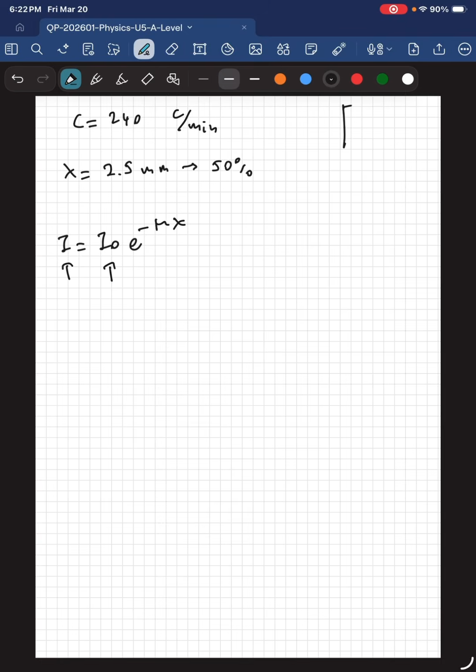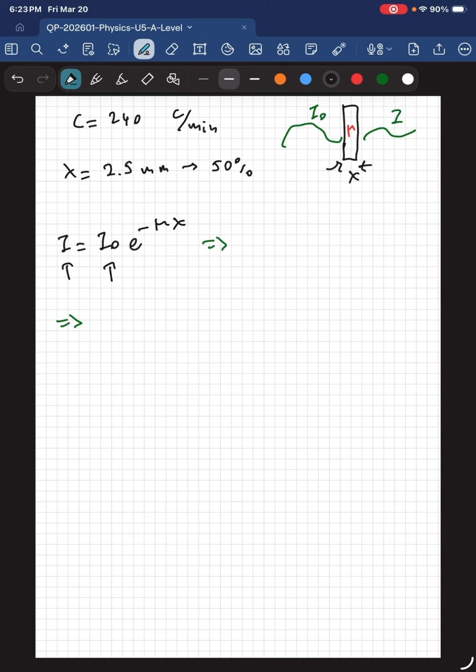So if you have an absorption foil of thickness x, and this absorption foil has some characteristic mu, which is a characteristic of the material, then if you have some intensity I naught, after it passes through this material, there is a new intensity I. And they are related through this formula that was introduced in Unit 5 via Core Practical 16, I believe, which is about absorption of radiation. So you need to know this actually. It's in the new spec.